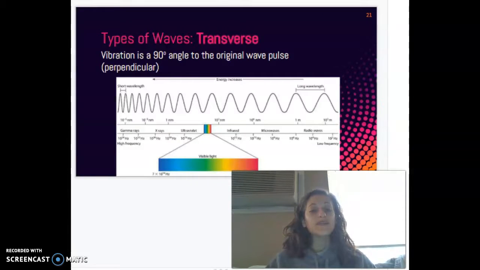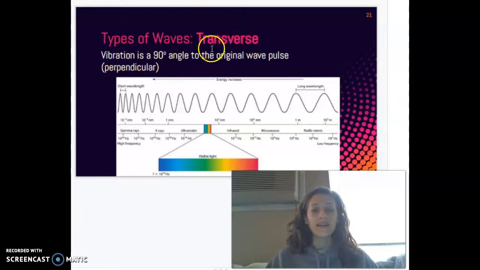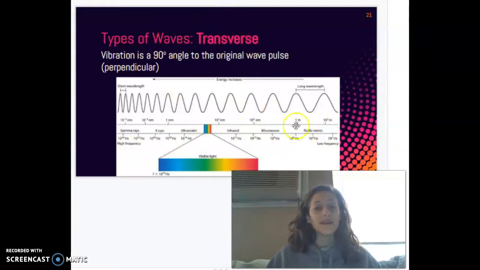A transverse wave is said to be a vibration that is at a 90-degree angle to the original wave pulse. I like to think of the T as an upside down symbol for perpendicular. Any of the waves on our electromagnetic spectrum, our visible light, our gamma rays, our microwaves, all that stuff, are transverse waves.